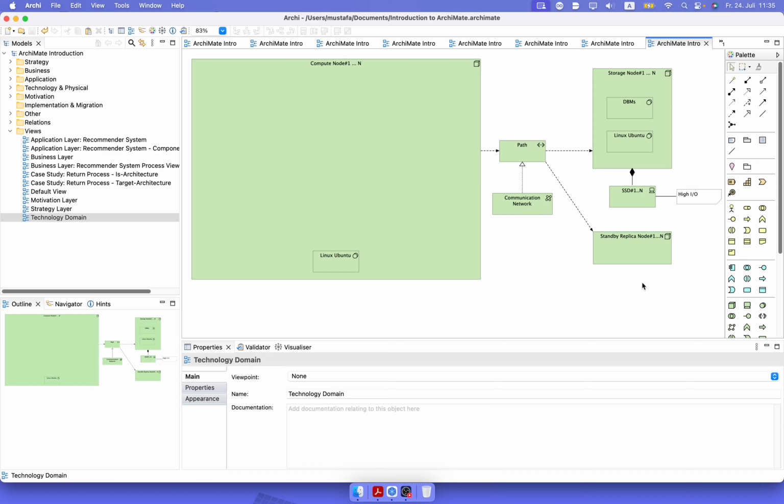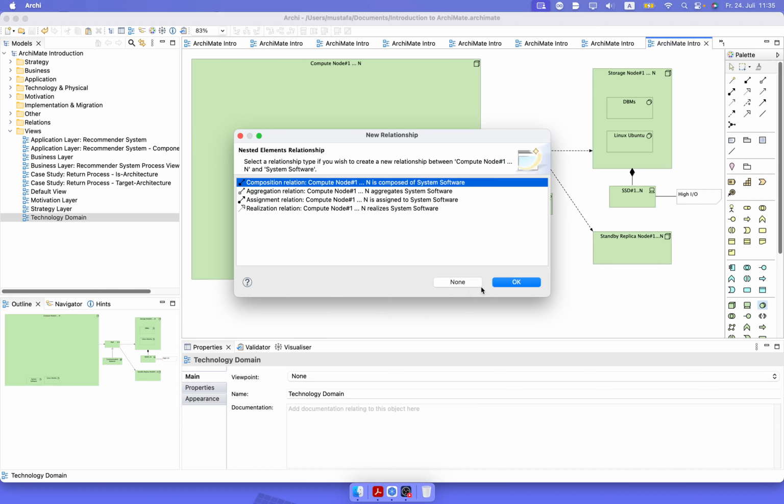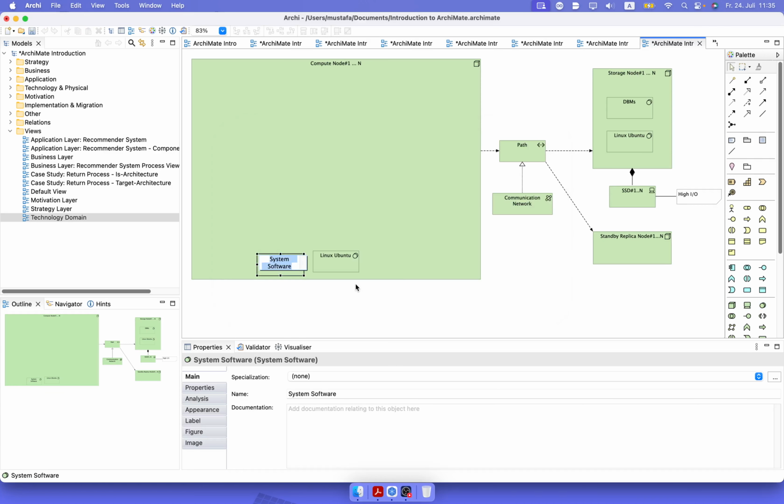Let's look at the compute nodes. On the compute nodes, we have Linux Ubuntu. Good point to start thinking, are we going to have Kubernetes or another orchestrator, a Kubernetes node or Kubernetes engine?